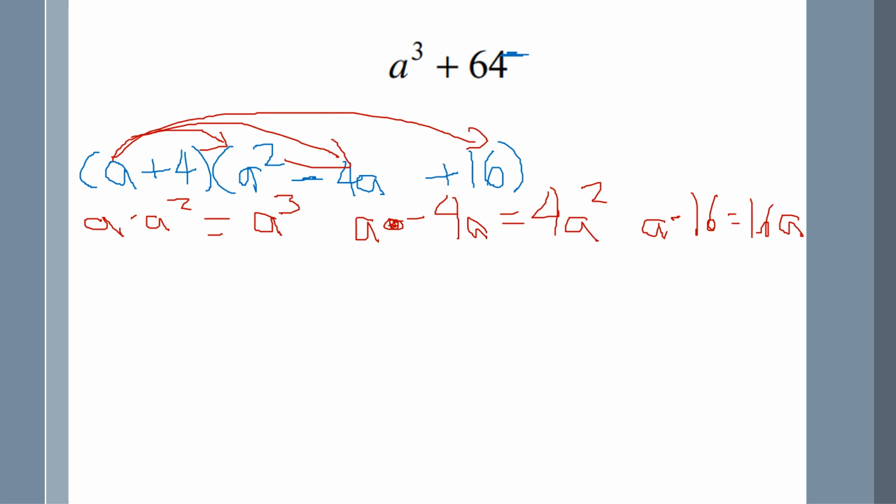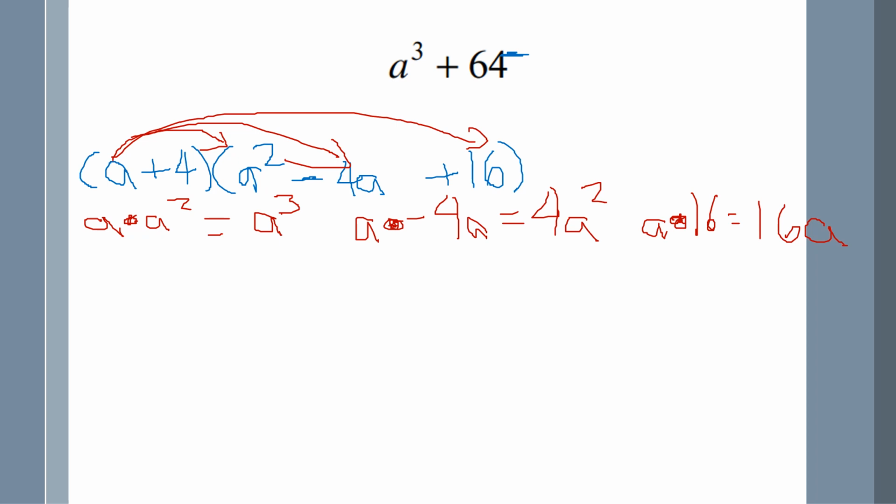Let me rewrite this because I need y'all to see this well. Oh, it's so hard to do this with the mouse. Alright, everybody good with this? So that's all I did so far is multiply.